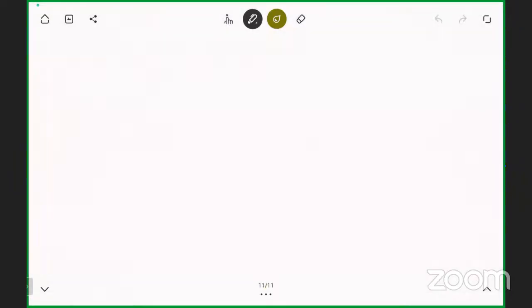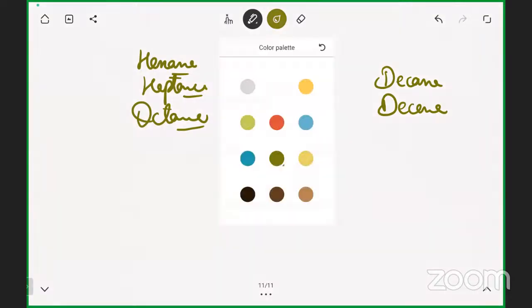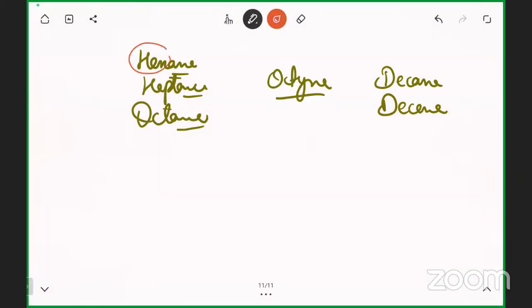So if the secondary suffix is not present, the name should be like hexane, heptane, octane, or decane. Hex represents 6 carbons, ane represents saturation. Hept represents 7 carbons, again ane represents saturation.